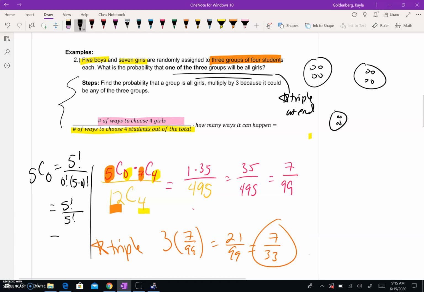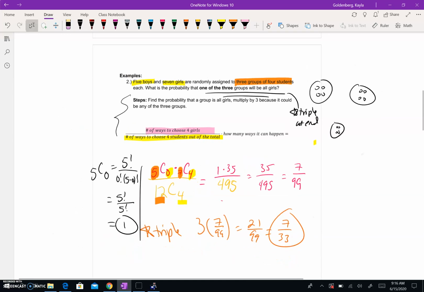You got the same thing on the top and bottom, that is a 1. And the way to think about that is, if there are 5 things, the ways that you can choose none, it's one way, you don't do anything. So some people don't include this piece, the 5 choose 0. I like to include it just to have that cohesive look to the problem, so I can see the 5, 7, and the 12 and all that. So you can include it, you don't have to, because it does simplify to 1.